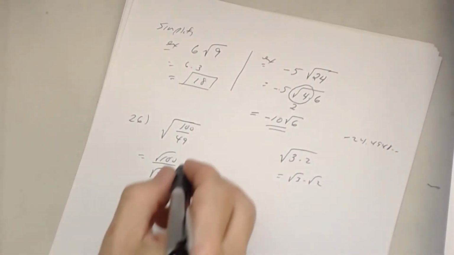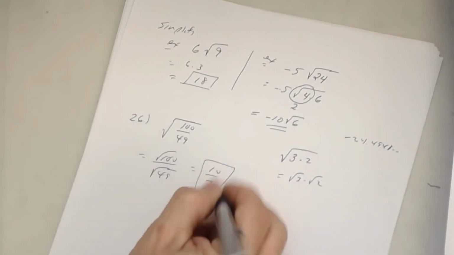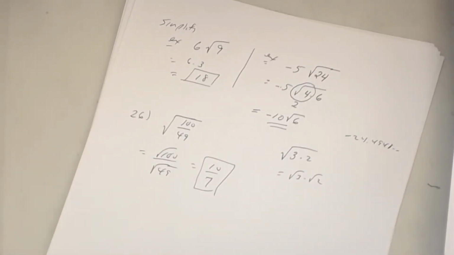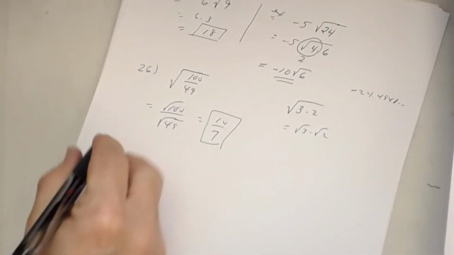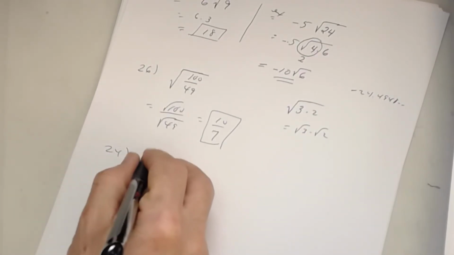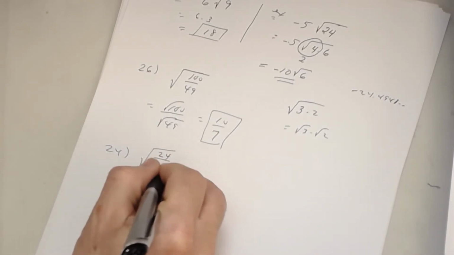What's the square root of 100? What's the square root of 49? So there's your answer, 10/7. But what if you had this? What if you had something like the square root of 24 divided by 169?